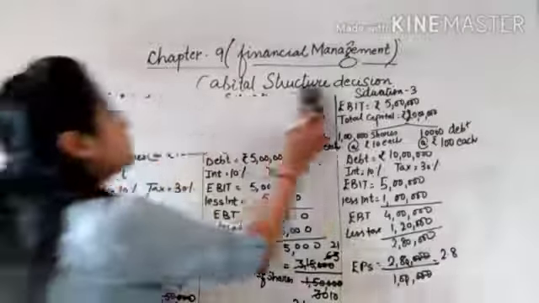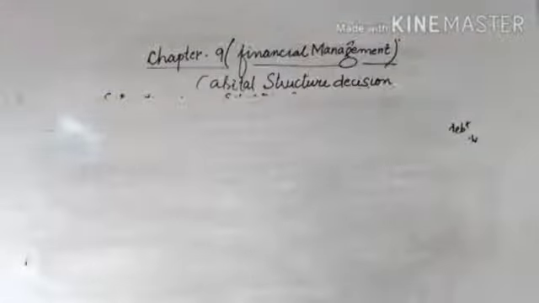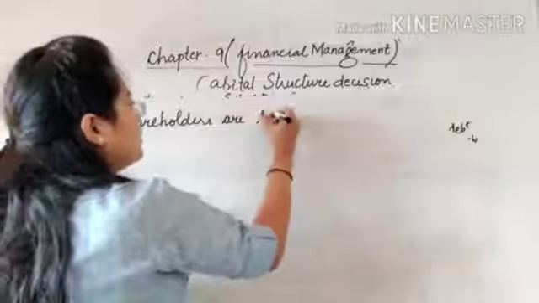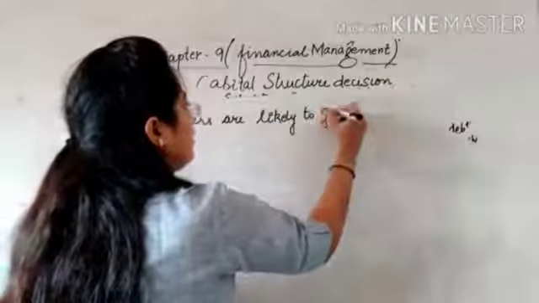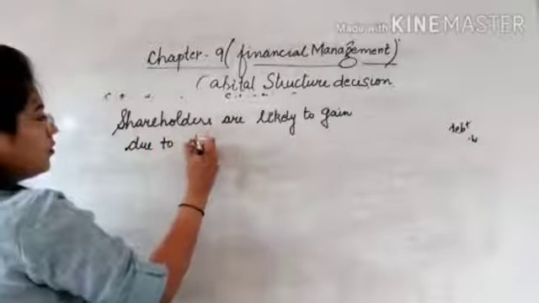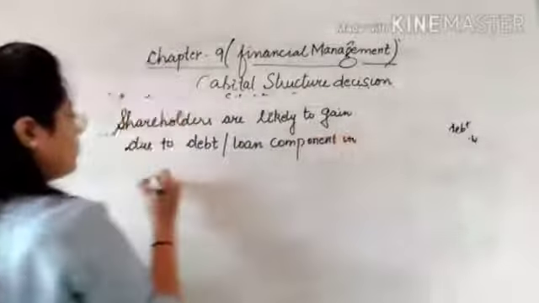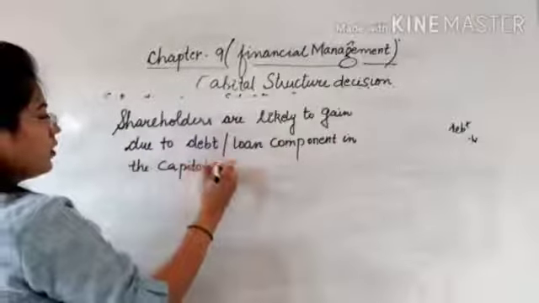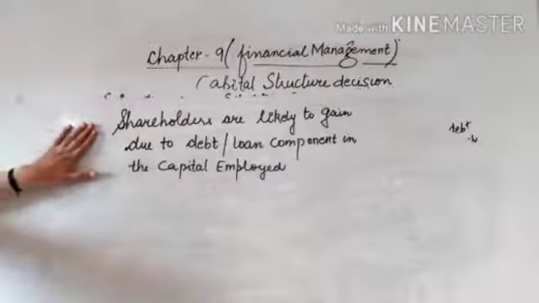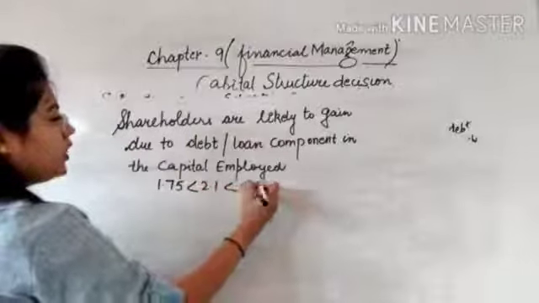Now, the conclusion from this is that shareholders are likely to gain due to debt component in the capital employed, that is 1.75, 2.1 and 2.8.